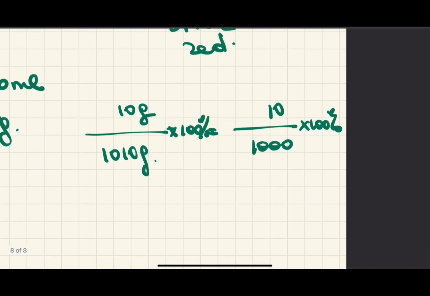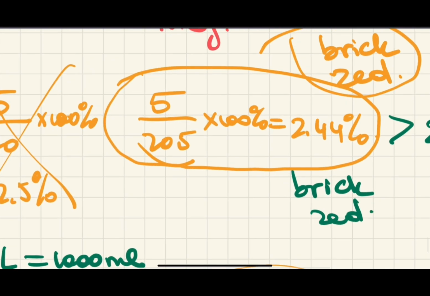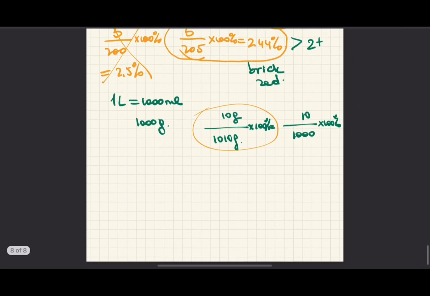Just for sake of the exam, I would stick with this one, okay? Although I said don't worry about this 5, actually, don't use this method, okay? In order to make sure that we have the whole thing as we planned, just make it 205. Add the mass of the glucose into the solution and take the mass percentage like that.